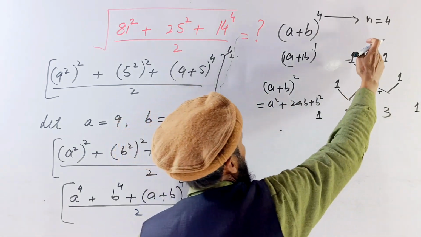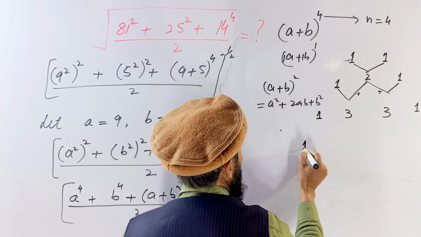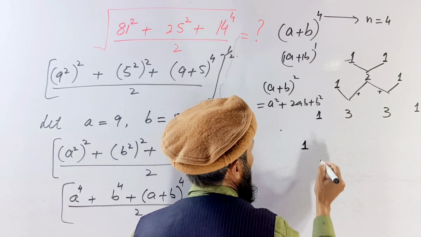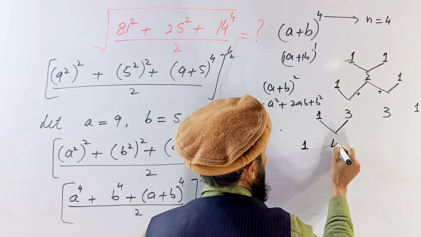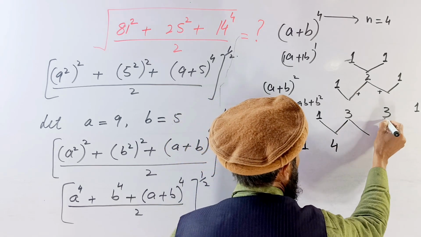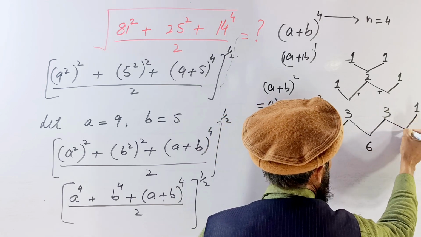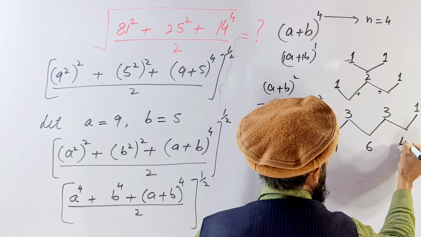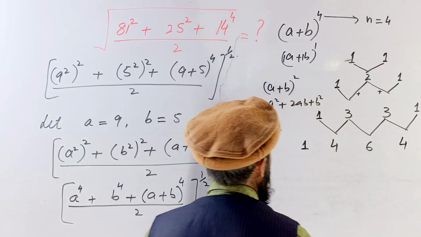Similarly, for n is equal to 4, we replace with this result. This is the coefficient of A exponent 4, and we add this one, we get 4, and also we add this step, so we get 6, and also we add this step, we get 4, and also the coefficient of B exponent 4.